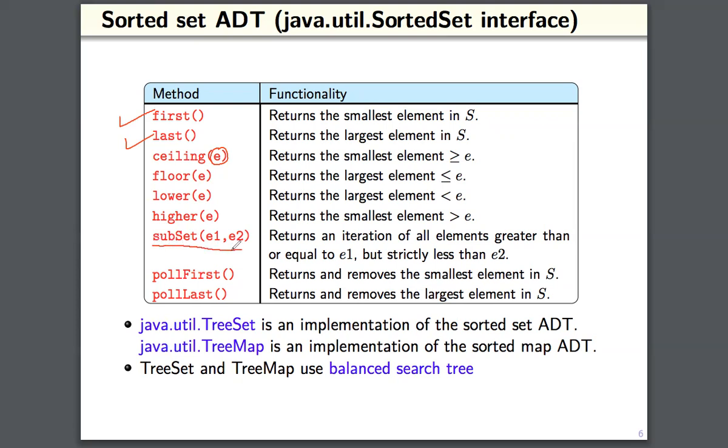Whether one is a subset of other, and so on. So whenever we talk about sorted set, we use tree set and tree map. I mean, tree set is for sorted set, sorted map is tree map. And now you know that any sorted set or map, or sorted collection, is based on balanced search tree, right?